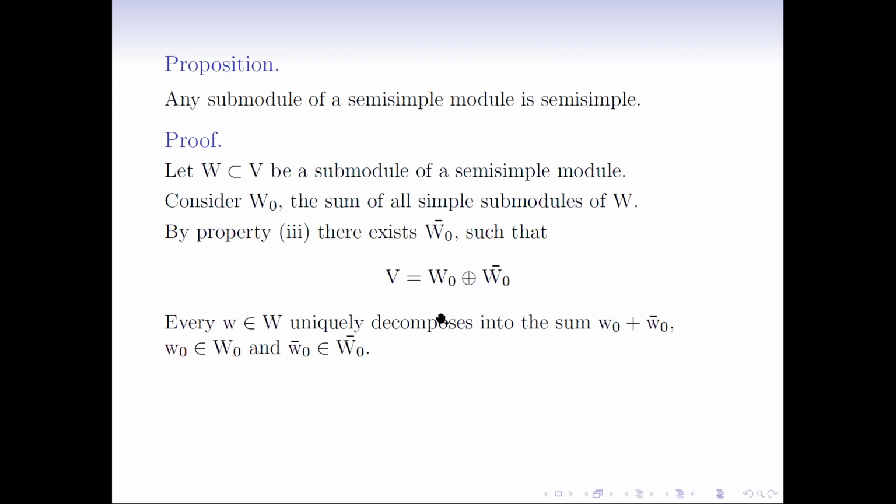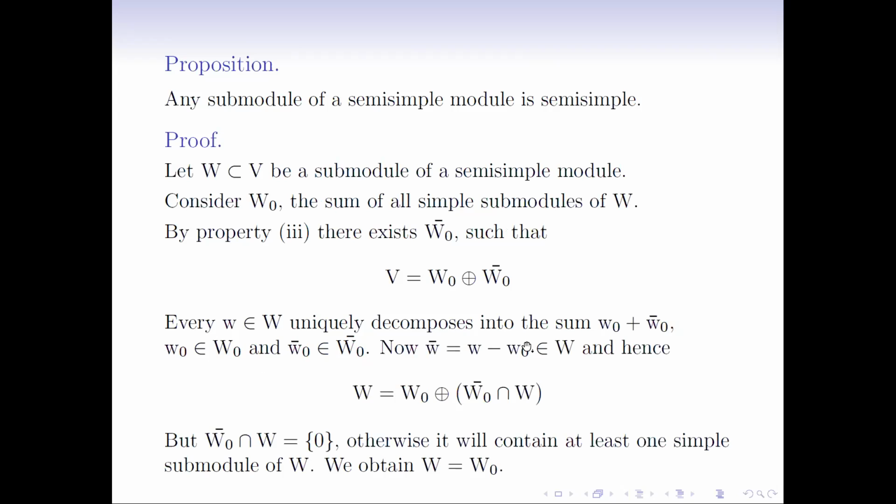In particular, this applies to all elements from W. If we take any element from W, then we can uniquely decompose it into the sum w0 plus w0 bar, where w0 belongs to W0 capital and w0 bar belongs to W0 bar capital.